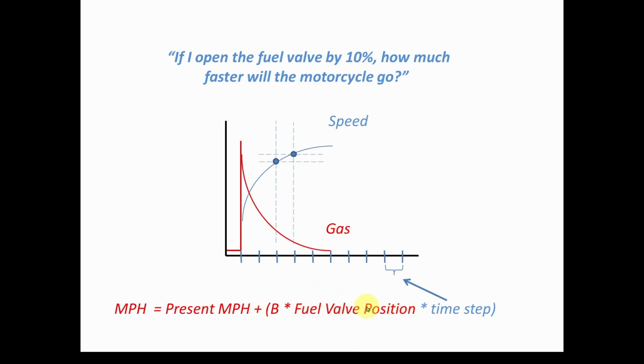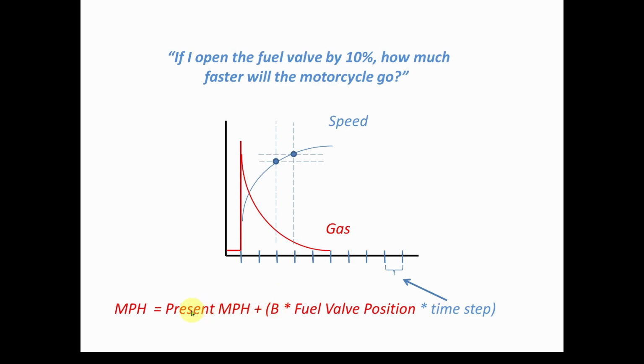And if you think about it, this B is going to be a constant number. We don't know what it is, but it's going to be a constant. And also the time step, assuming it's constant throughout our simulation, is a constant number. So we can multiply these two together to modify this B to get a new constant.